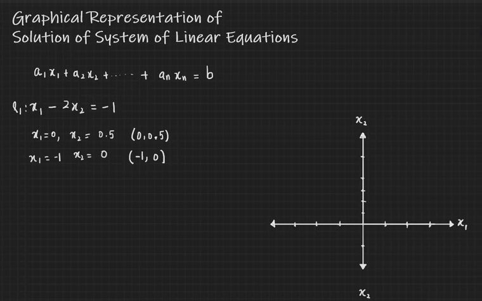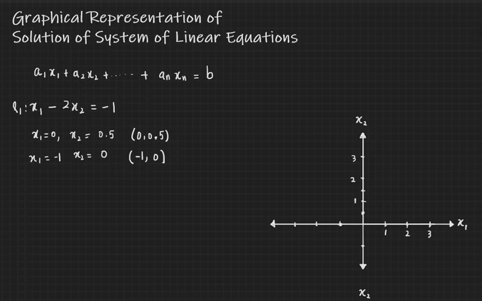This point 0, 0.5 is this point, and the second point minus 1, 0 is this point.